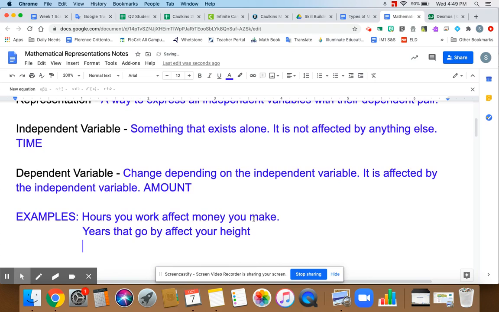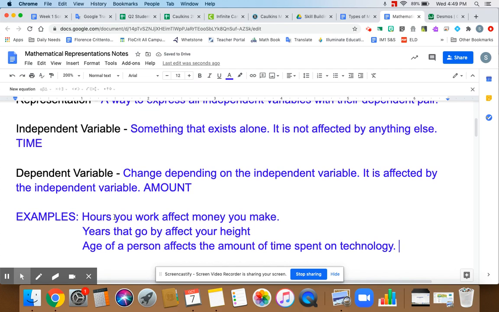What else? We might chart the age of a person affects the amount of time spent on technology.